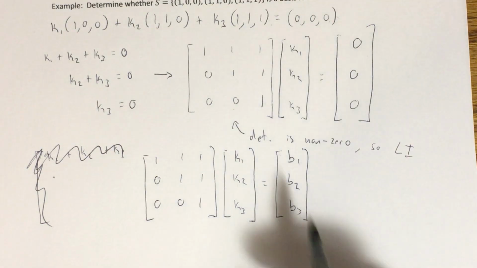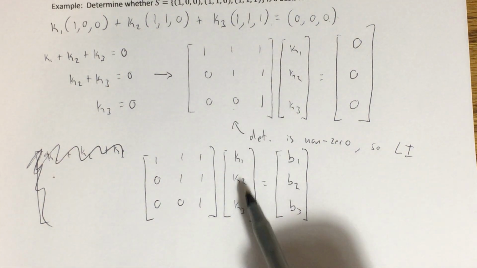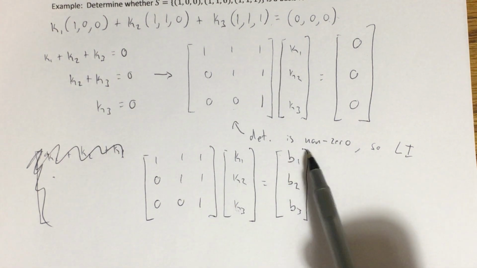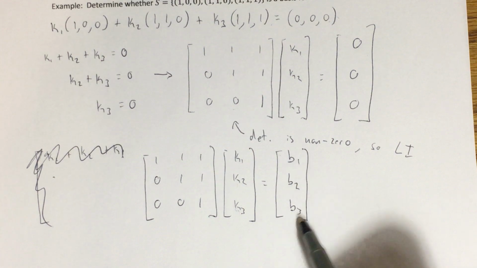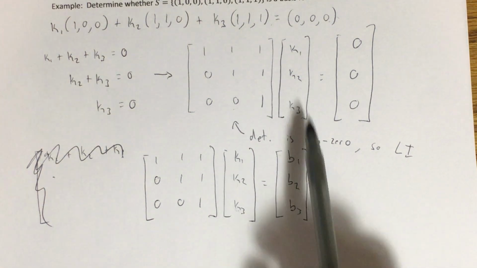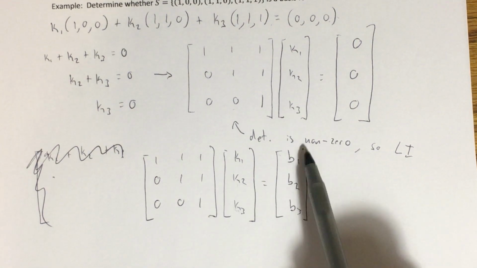And remember, the idea is that if we can always find some set of scalars K1 through K3, such that this will give us this vector on the right-hand side regardless of the choice of B1, B2, and B3, that would say that this set of vectors spans all of R3. I can make this work for any vector here.